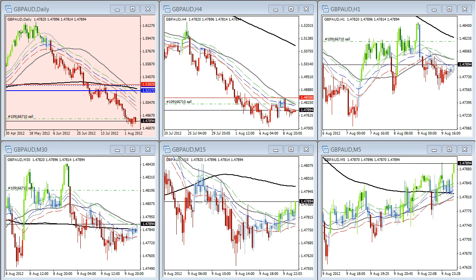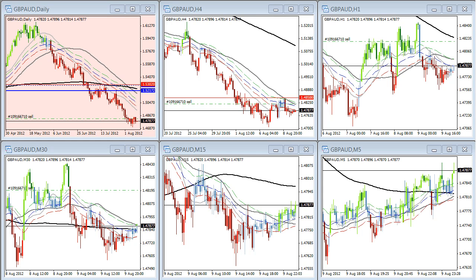I think you're going to find that you'll have a filter, a pair selection, the list of pairs you'll consider for trading. It's amazing to me how many traders don't have a list of pairs.